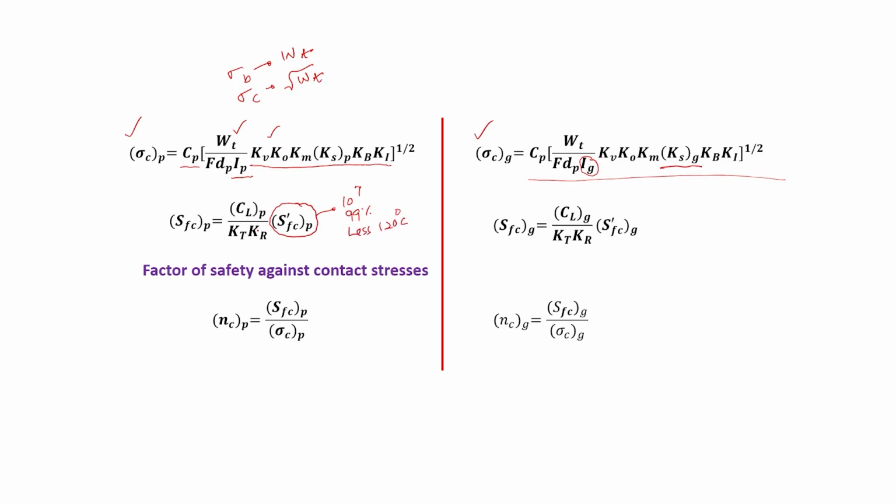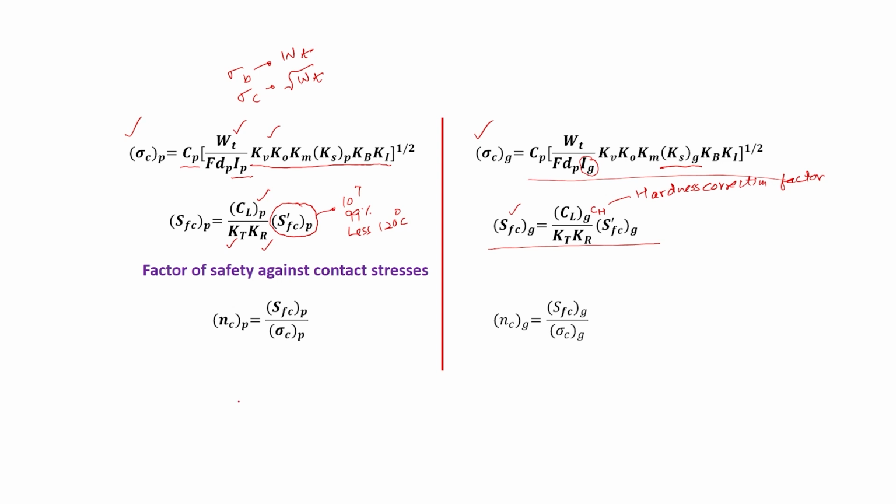Now, if your gear has to work under circumstances other than these, then you have to multiply it by life correction factor CL and divide it by temperature factor TL and reliability factor TR. Similarly, for the case of strength of the gear material under surface fatigue is given by this formula. Here one factor is remaining, which is the hardness correction factor.